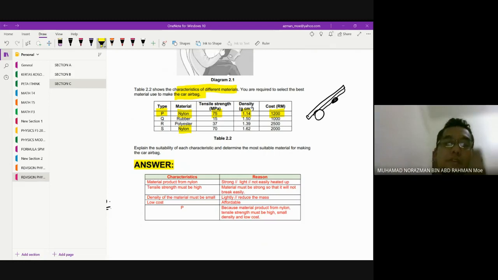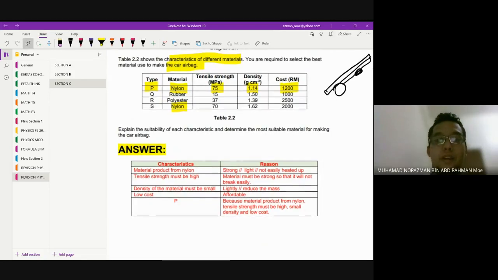Okay, next we explain. Okay, the characteristic. Material product from nylon. Okay. Why? Because it is strong, or you can say it is light. Has small mass, not easily heat up. Okay, avoid using "easily".